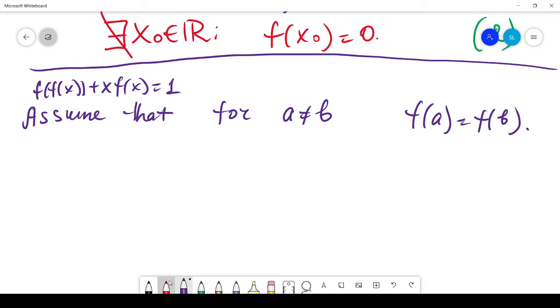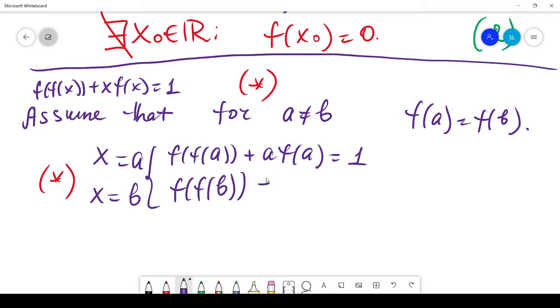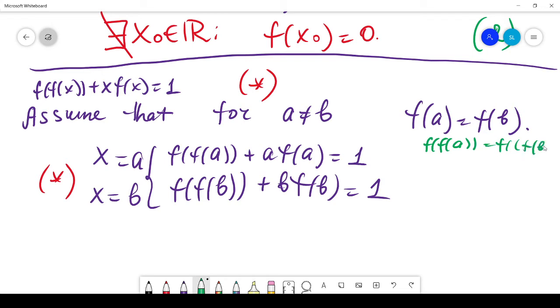Then in this one, in star, let's plug in at first x equals a and then x equals b, and we have f of a plus a f of a equals 1, and f of b plus b f of b equals 1.